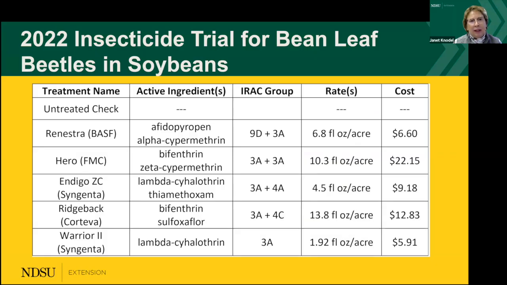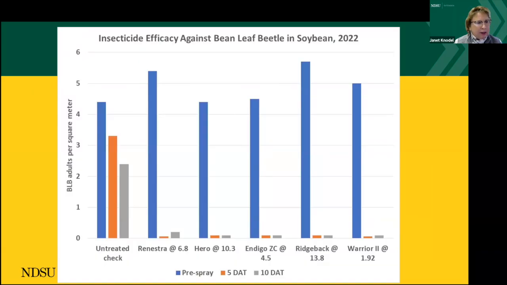We have run some insecticide trials for bean leaf beetle. And we tested a bunch of premixes here, Renesta, Hero, Indigo ZC, Ridgeback, and we compared them to a Pyrethroid, Warrior 2. And you can see here the untreated check on the left, and the blue bar is the pre-count prior to spraying.